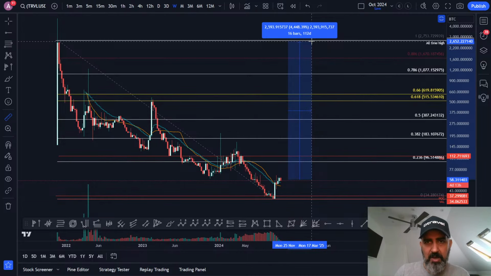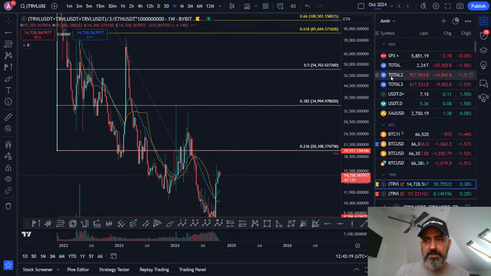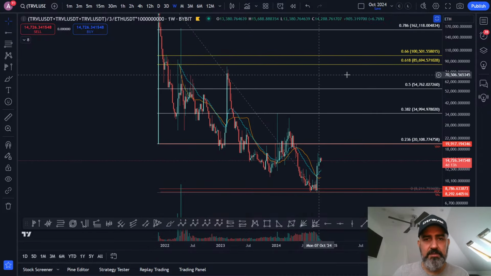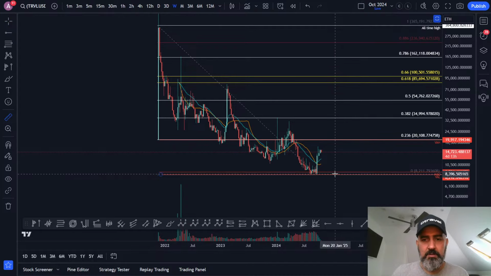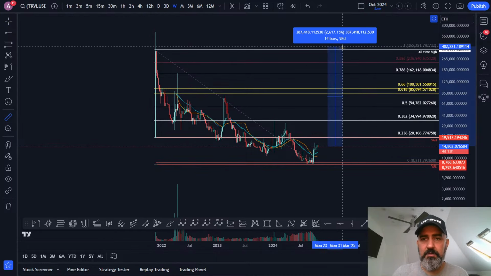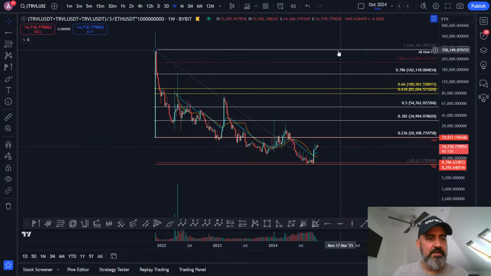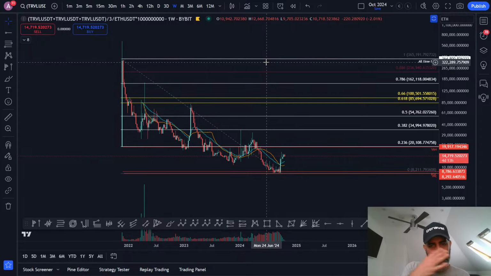For the sake of confirmation, all the way up to the all-time high, we're looking at a 4,500% increase against BTC, if we can get there. And against ETH, from the current price, a 2,300% increase in value back to the all-time high of this pair.